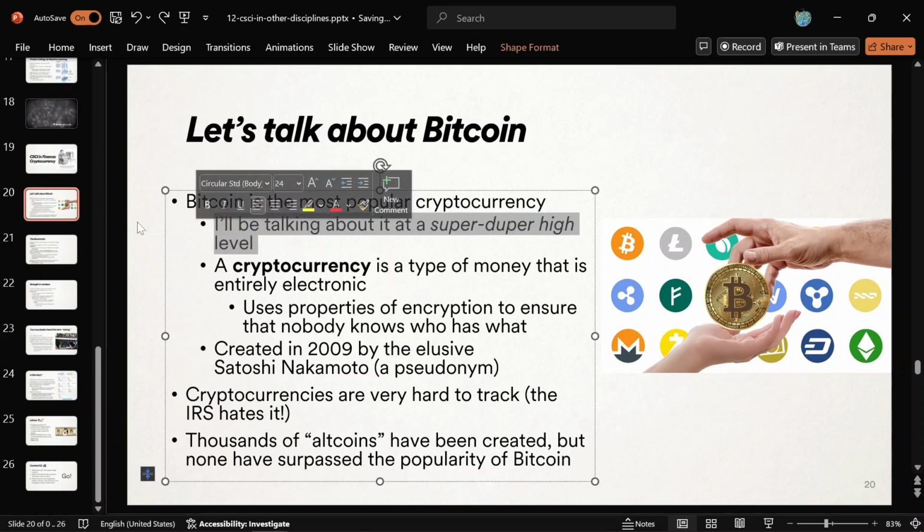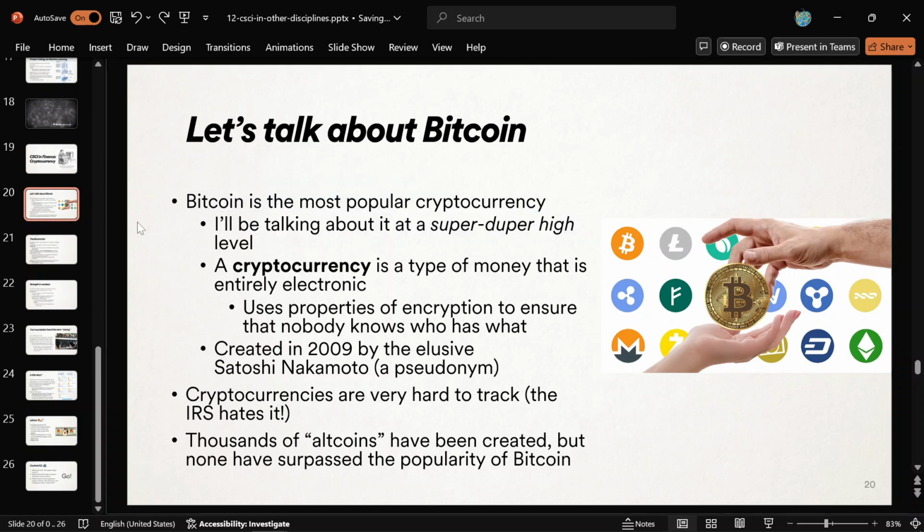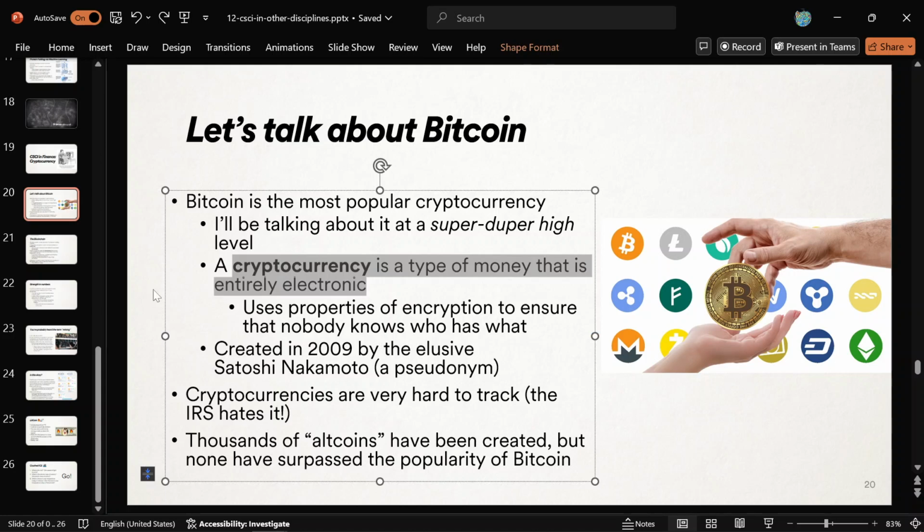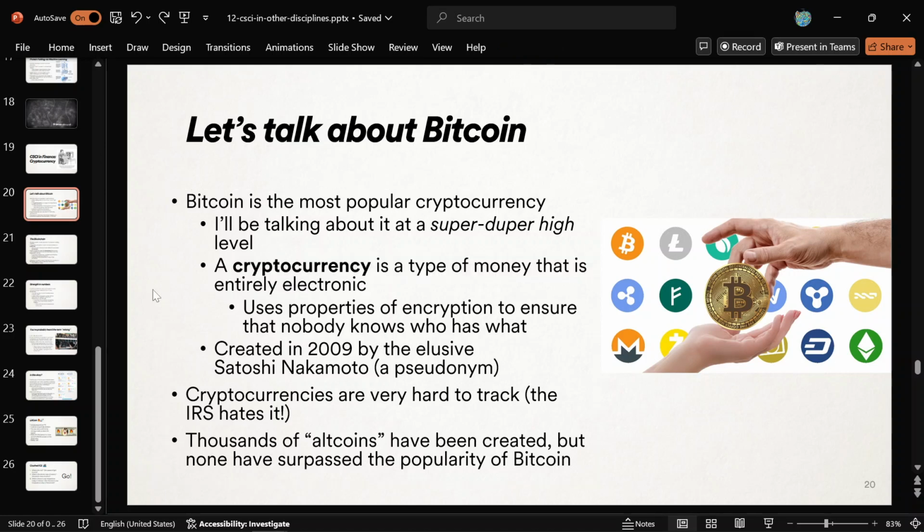I am not going to go into too much depth because there are research papers on this. The Bitcoin paper that released it all was a research paper, and it's very complicated. So I'll just talk about it at a high level with what you understand. It's a type of money that's entirely electronic, and it uses cryptography, properties of encryption, to make sure that nobody knows who's got what money.